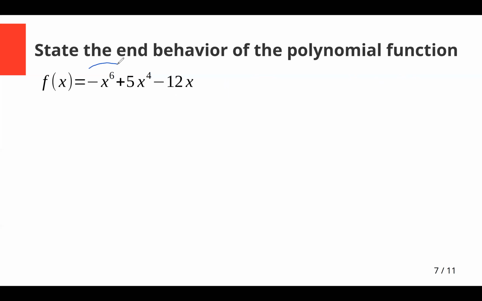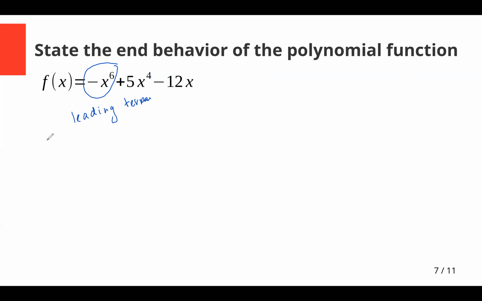So this is what we are looking for, leading term. Now be very careful. It might be hidden. So for example, here I could have plus 27x to the power 14. In this case, this would be the leading term, right? Because it's the highest power. Okay, now this is the leading term.